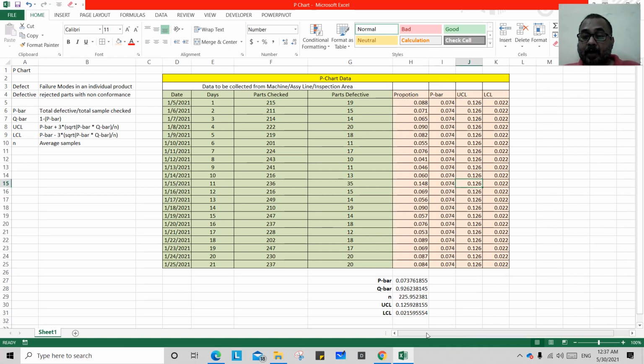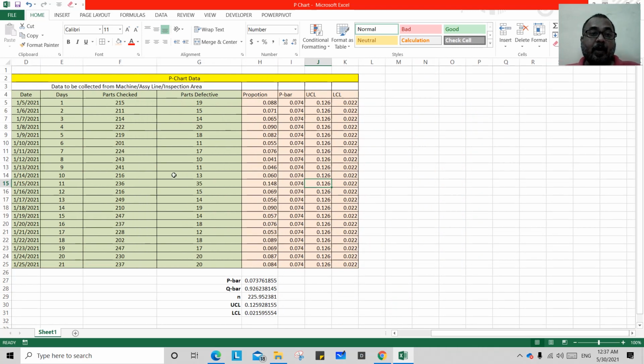After calculating all this, you have to plot the graph. If I plot only this, I will have 3 lines: UCL line, LCL line and mean line. Every day you need to know the proportion of defective parts declared by the machine, whether there is stability or not.